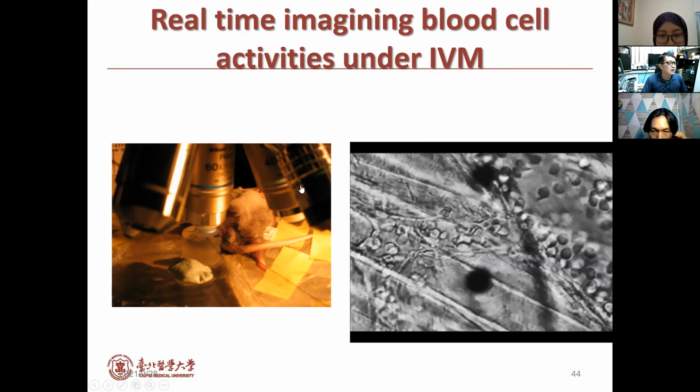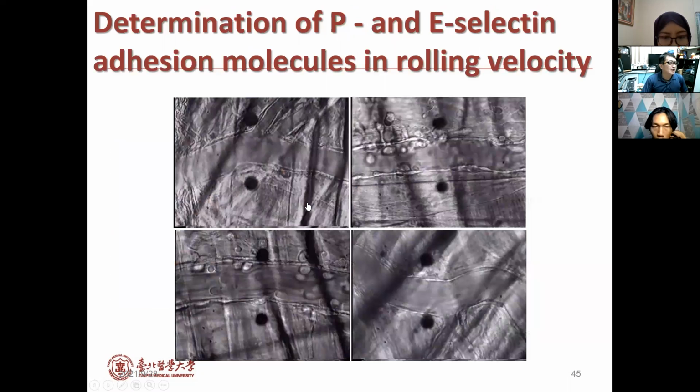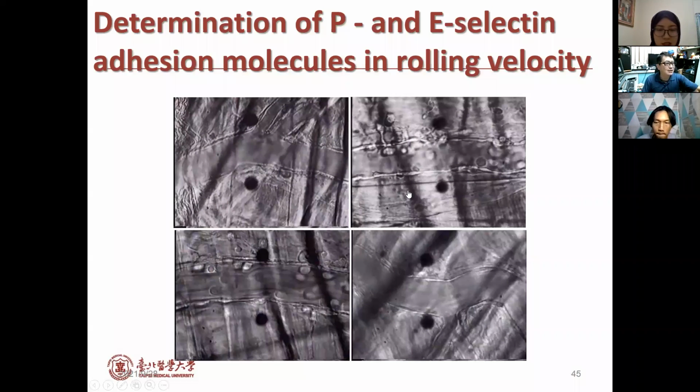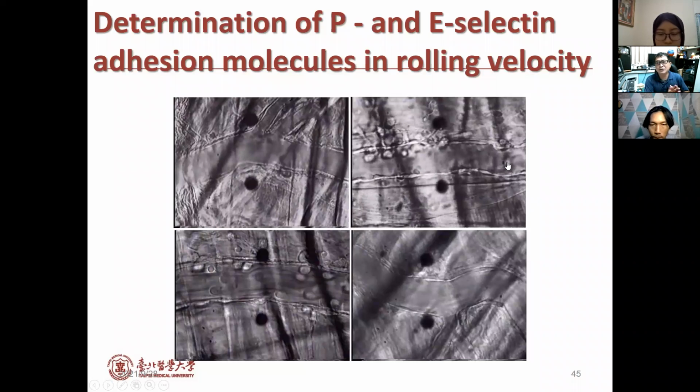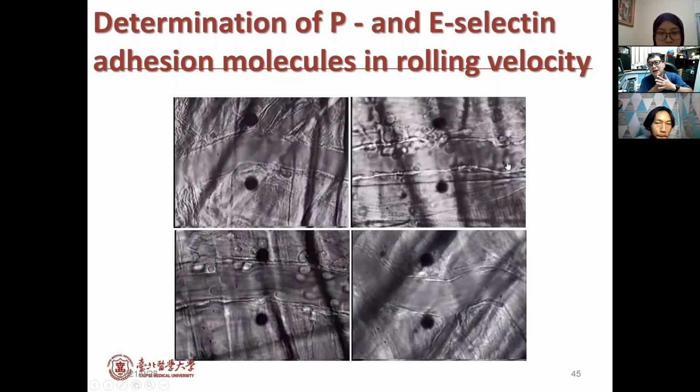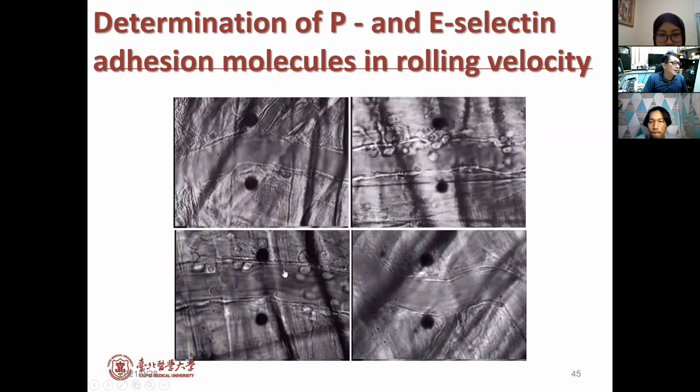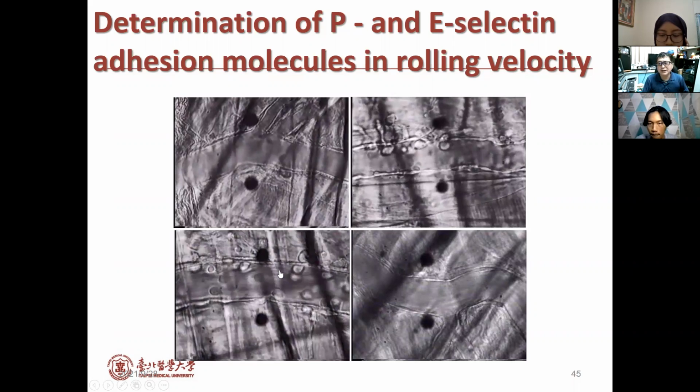So using this methodology, we check. This one is, if I'm a good surgeon, there's no activation of leukocytes and no activation of adhesion molecules. So it's very clean. Ten minutes later, leukocytes roll very, very fast. At this stage, leukocytes are mediated by P-selectin, which facilitates fast rolling. Three hours later, we see leukocytes rolling slower.